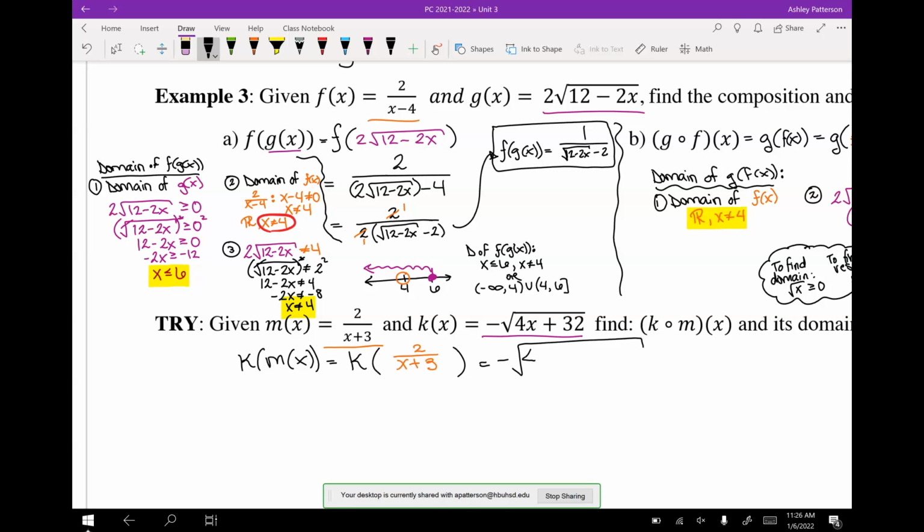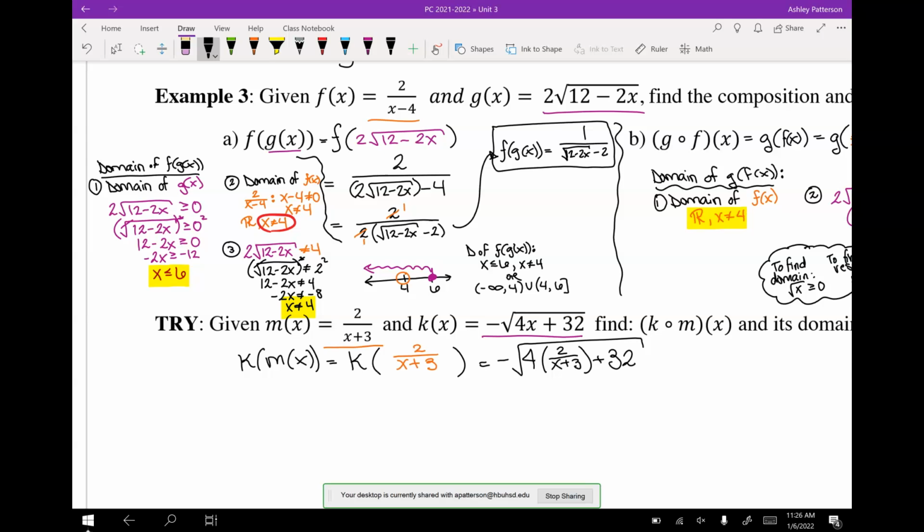Here we go. So we have the negative square root of 4 times 2x plus 3, plus 32. Can we factor out a GCF from both terms in the radicand, the quantity under the radical, that is a perfect square? Yes, good.